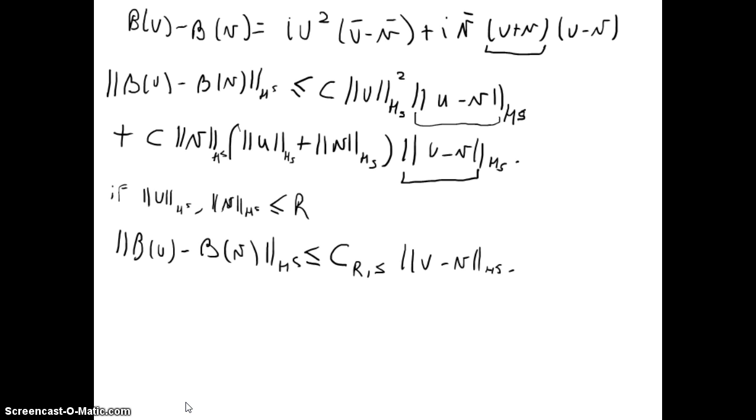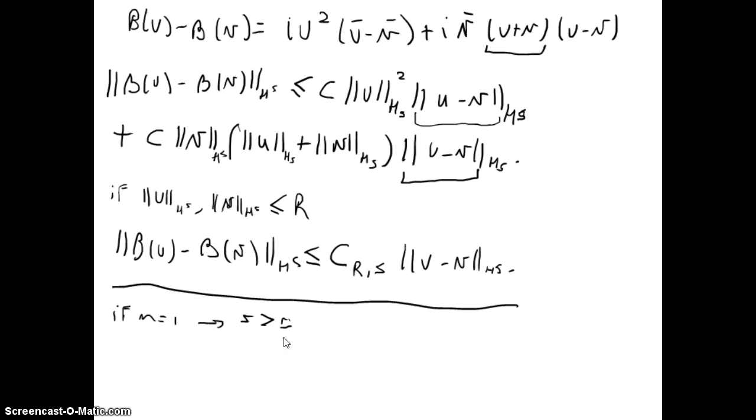So for example, if n is equal to 1, then we had that s has to be greater than n over 2, so s is greater than 1.5. So for example, for s equal to 1, so for H^1(R) we will have well-posedness and uniqueness.